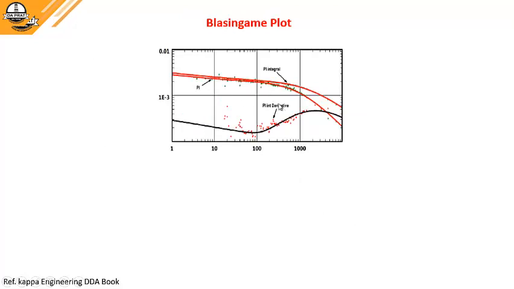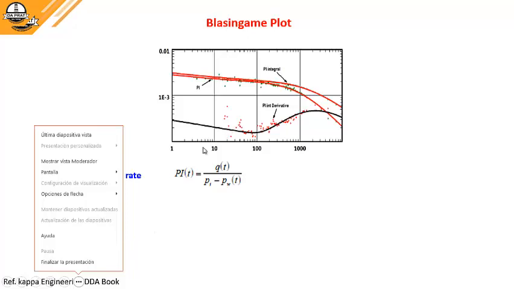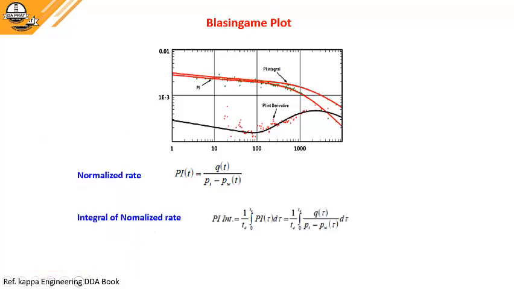The Blasingame plot is a plot where you can see here, the definition is a normalized rate that you can see here, the one over here.